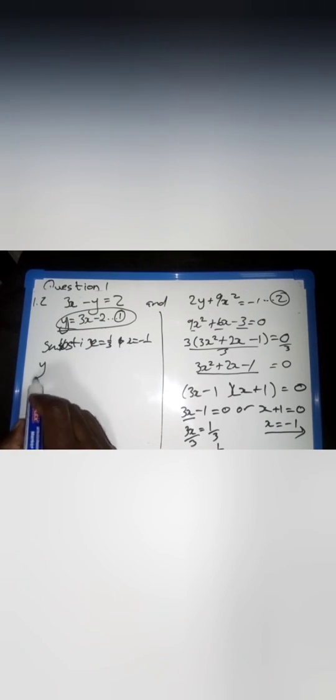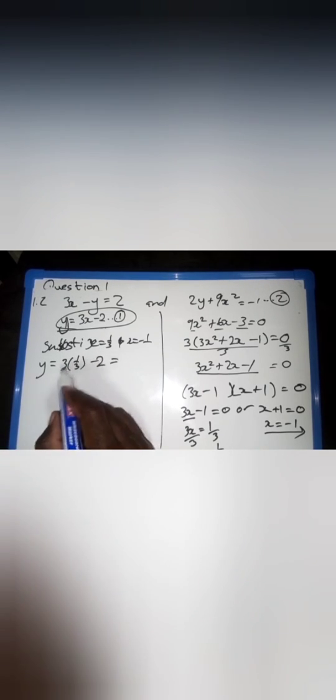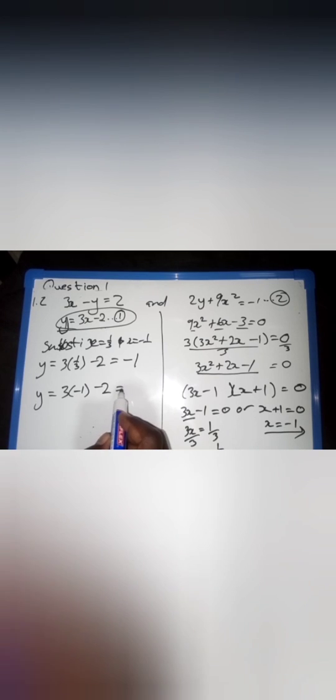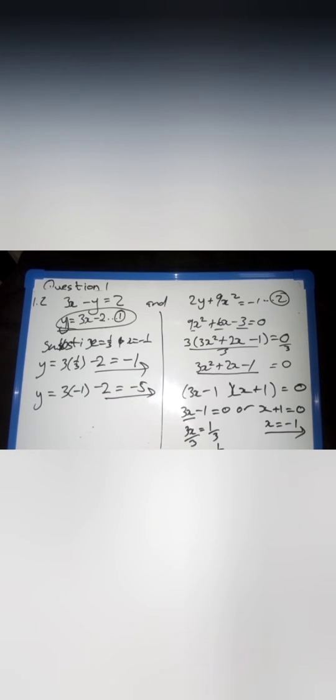So I have y equals 3 times 1 over 3 minus 2. You can put this into your calculator. It will give us negative 1. And for the next one, y equals 3 times negative 1 minus 2, which will give us negative 5. So these here will be your solutions for x and for y.